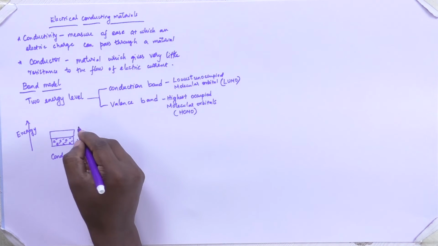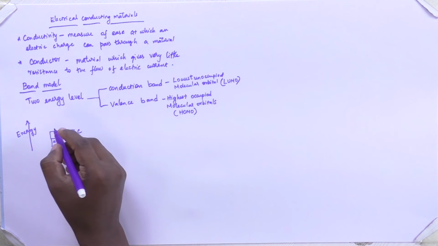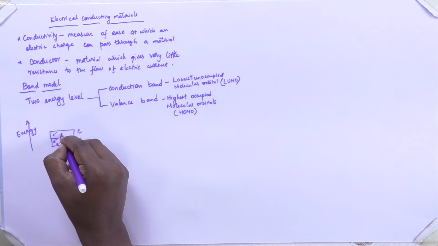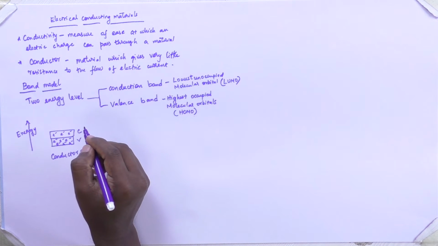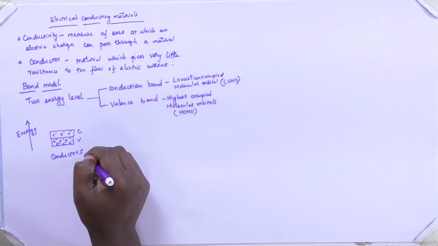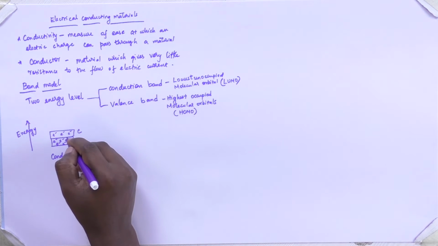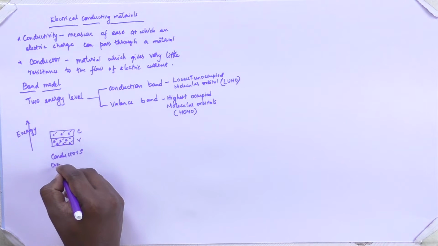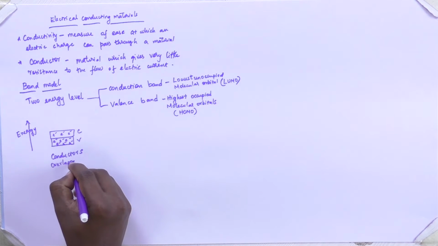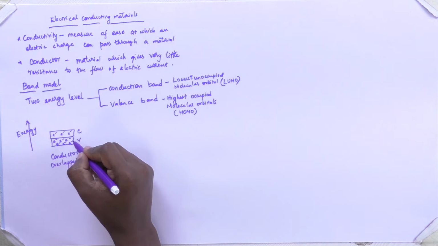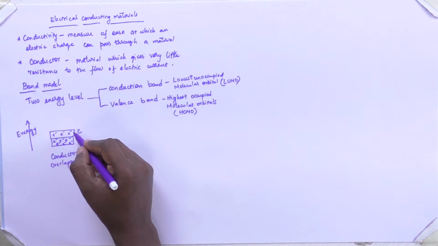So this is your valence band and this is your conduction band. Here also you have few electrons filled in the case of conductors. So in conductors you usually have an overlapped energy level of valence and conduction band.